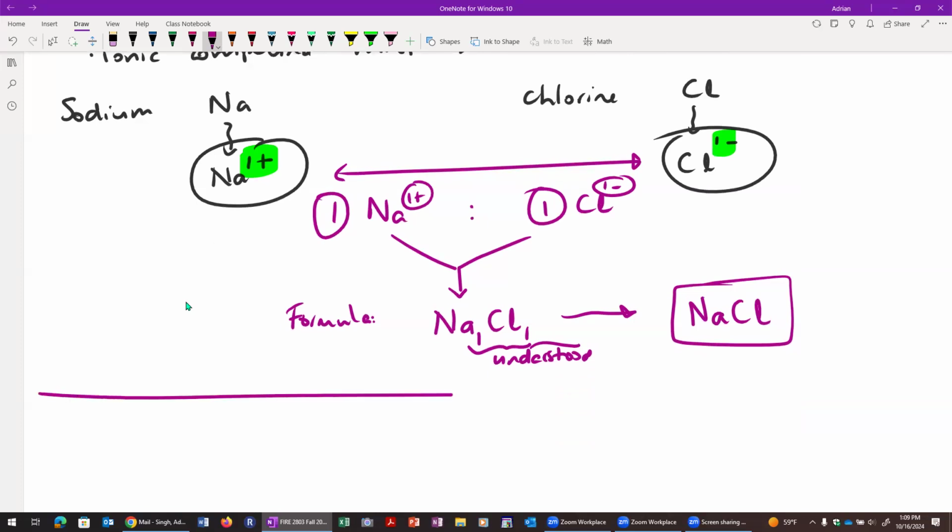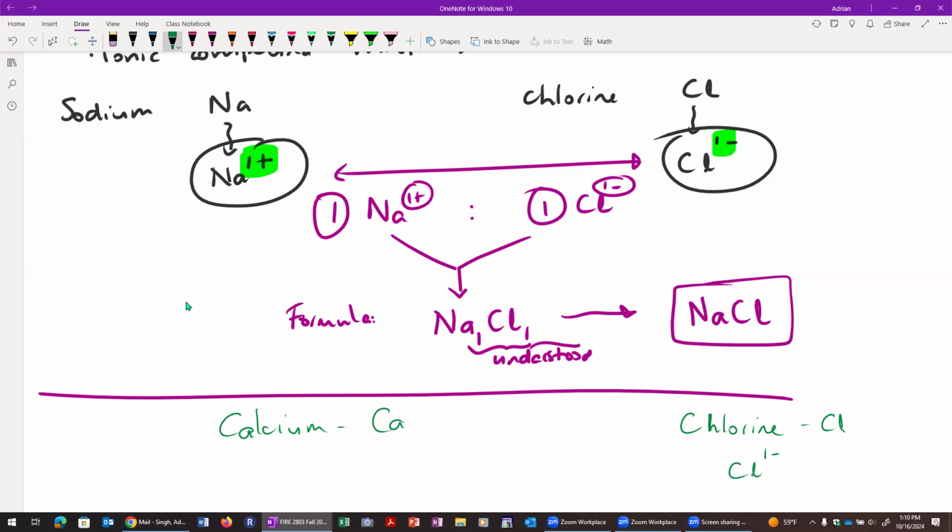Let's take a look at another example. Let's say I had calcium, and let's say I had the chlorine again. So calcium is Ca, chlorine we know is Cl, and we know also that chlorine will form a 1 minus charge.